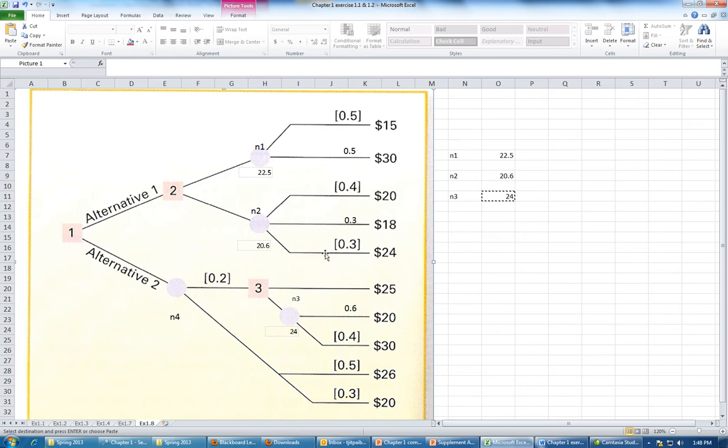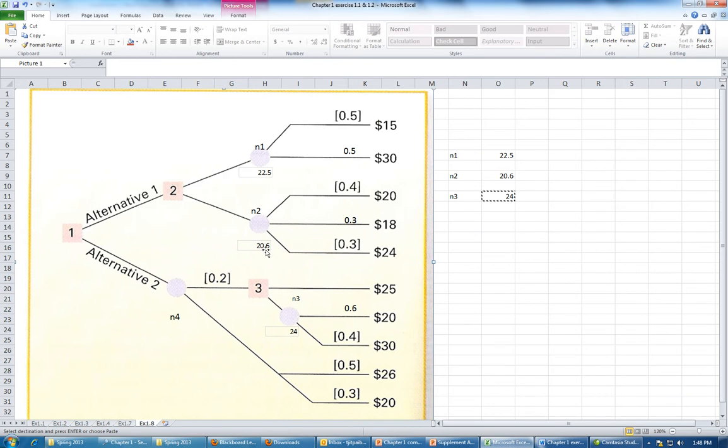As you can see, when you work on the payoff, you do it from right to left. You always report the outcome right next to the node like that.